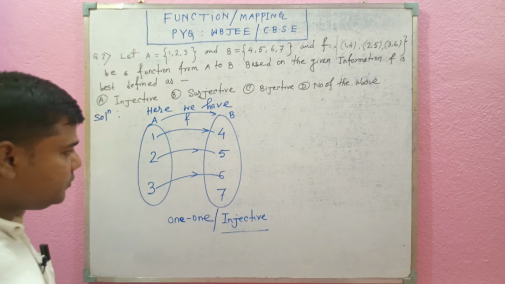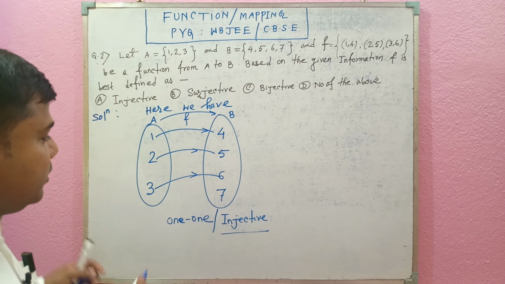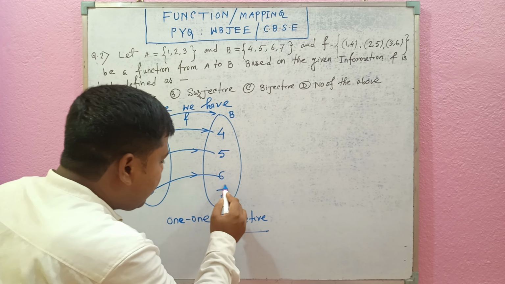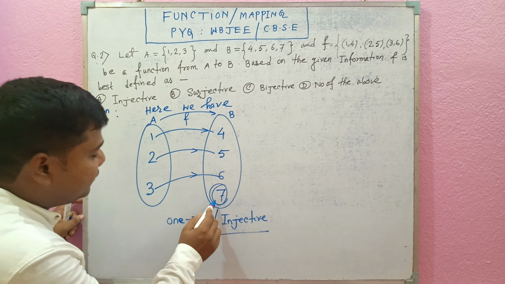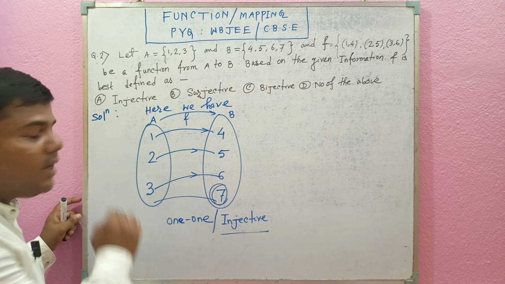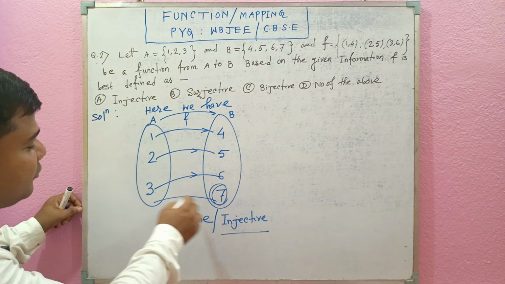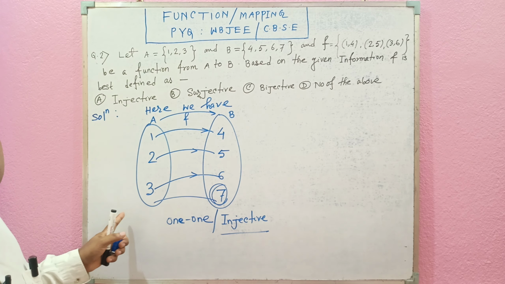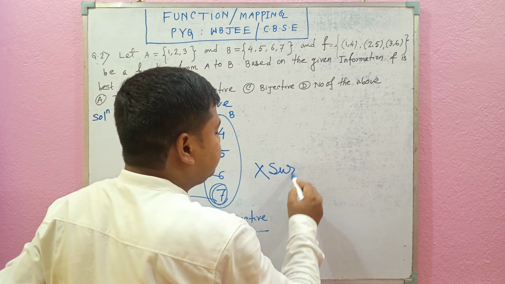And we can clearly say that the element 7 in set B has no preimage in A. So this is not surjective.